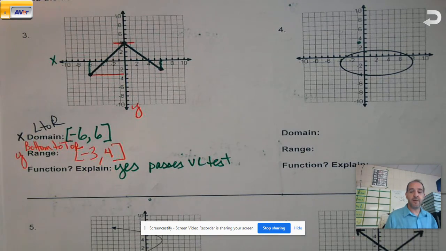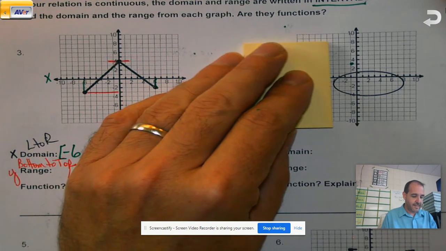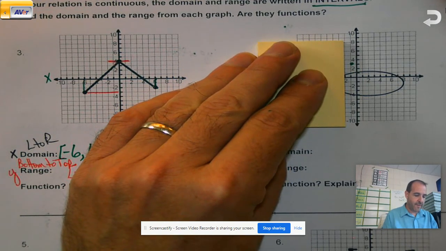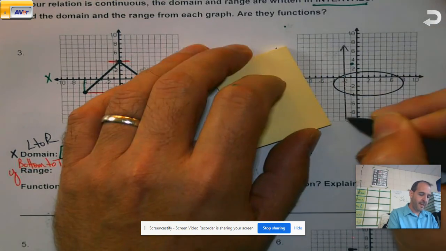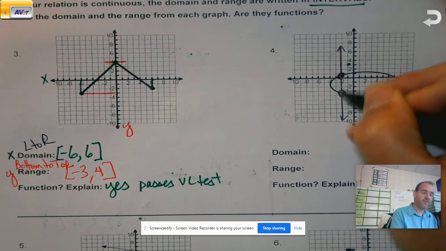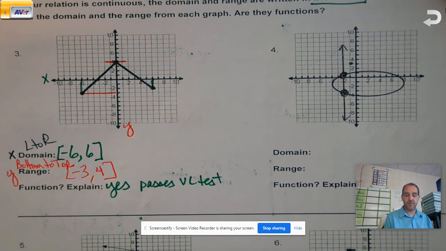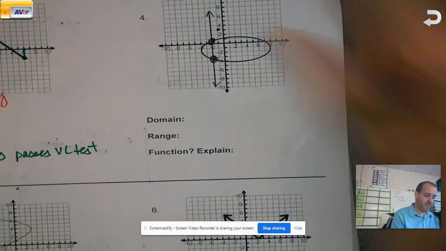So then we get to number 4. And we start doing our vertical line test. And we're like, oh, wait a minute. Okay, just for an example, I'm going to draw a vertical line through here. Anywhere in the graph, I notice it's going through 2 different points on my curve, 2 different points on my graph. So what does that tell me?